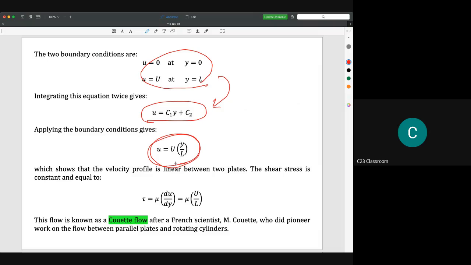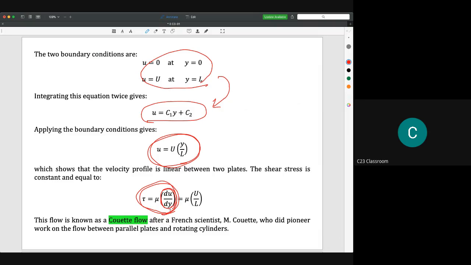Okay, and then we have the shear stress equation, which is tau equal to mu du/dy. Here, this equation is still not valid for calculation because we have a differential term, du/dy. So we need to solve this term first.